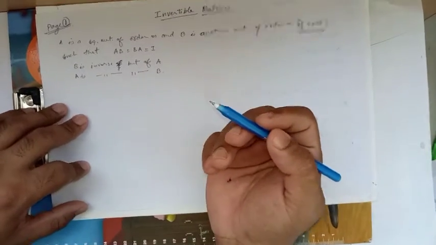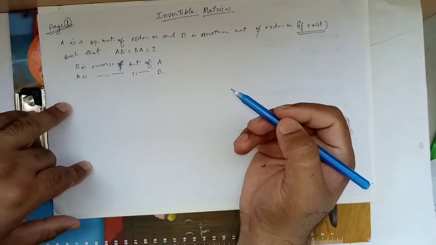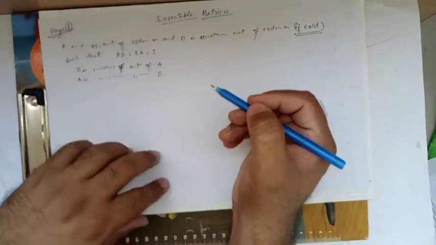B is the inverse of A and A is the inverse of B. We can check this.